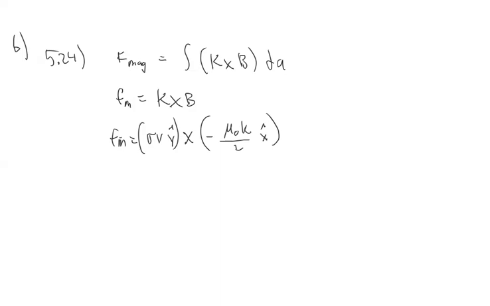When we find this cross value, K is sigma v, as we recall.